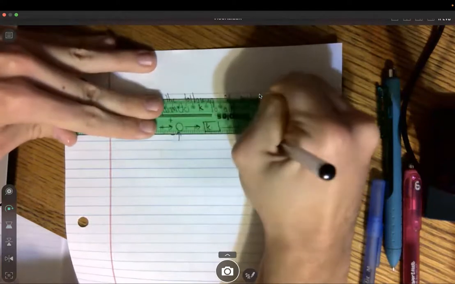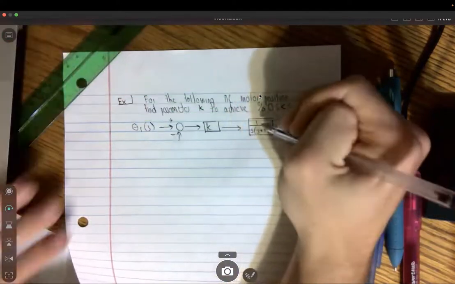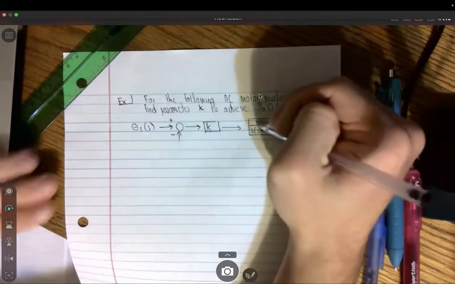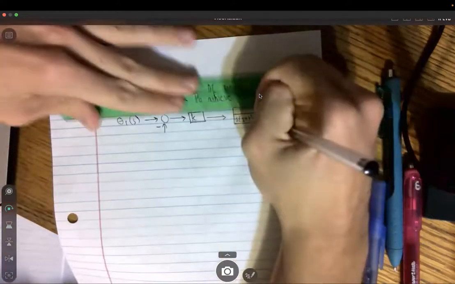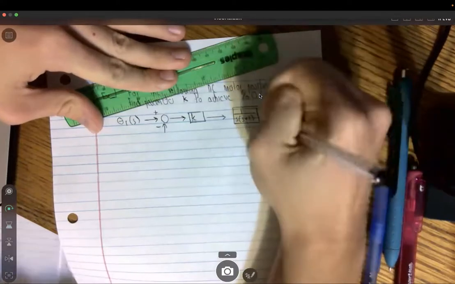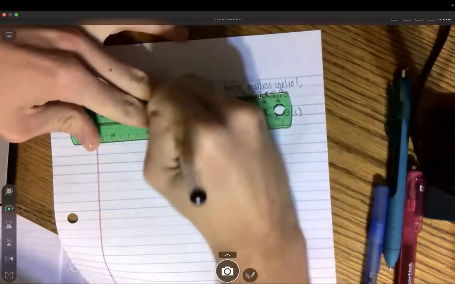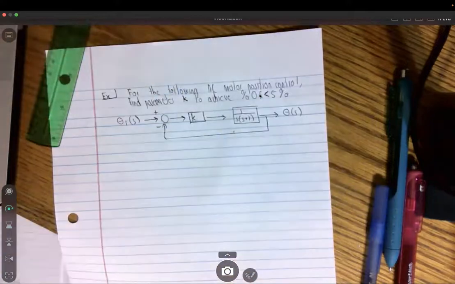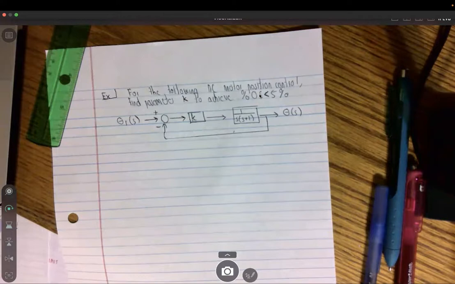Notice that that is a second order system here because it has S squared, of course, and there are 2 poles. And then our output is going to be theta S, and this goes back to the beginning block. So for this DC motor control, we need to find the parameter K to achieve percentage overshoot less than 5%.